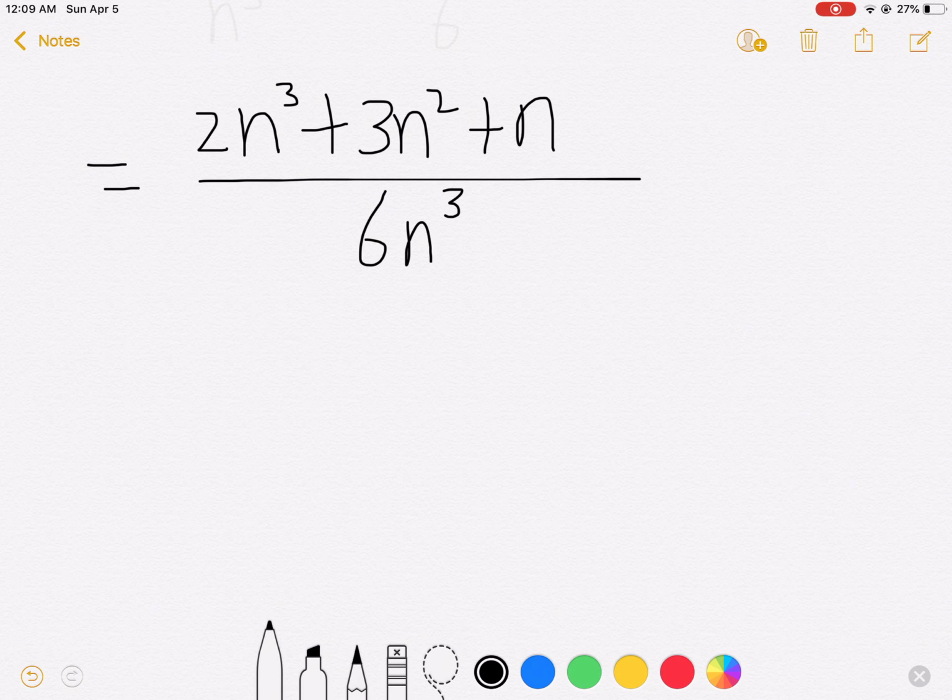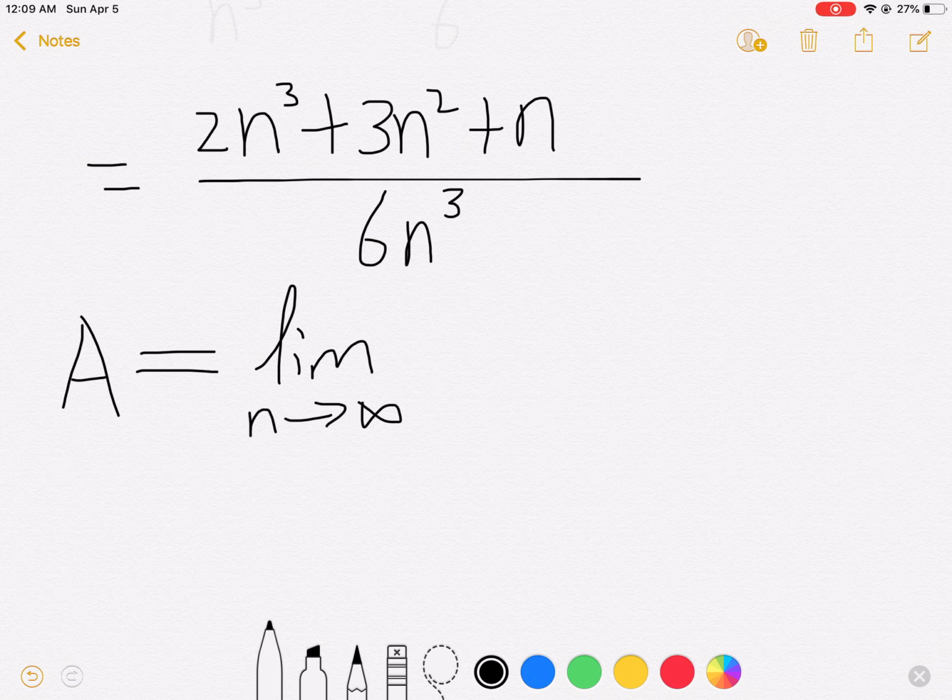So the exact area is equal to, not approximately equal to, the limit as n approaches infinity of the summation i from 1 to n of delta x times f of x sub i.